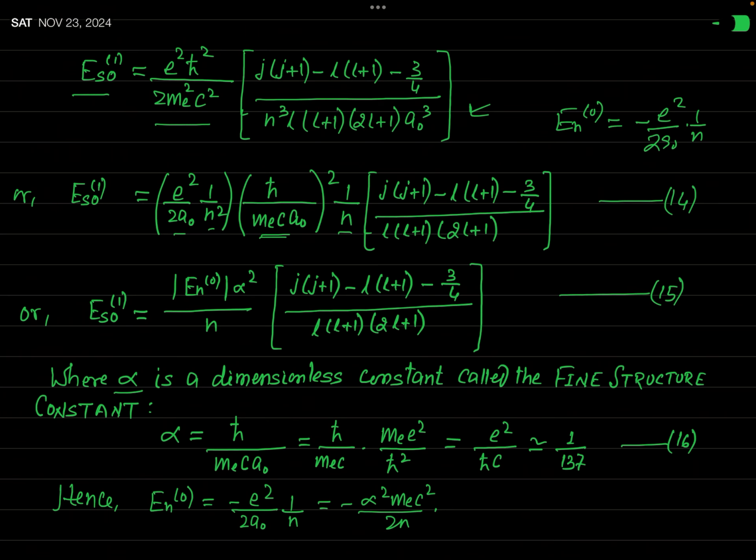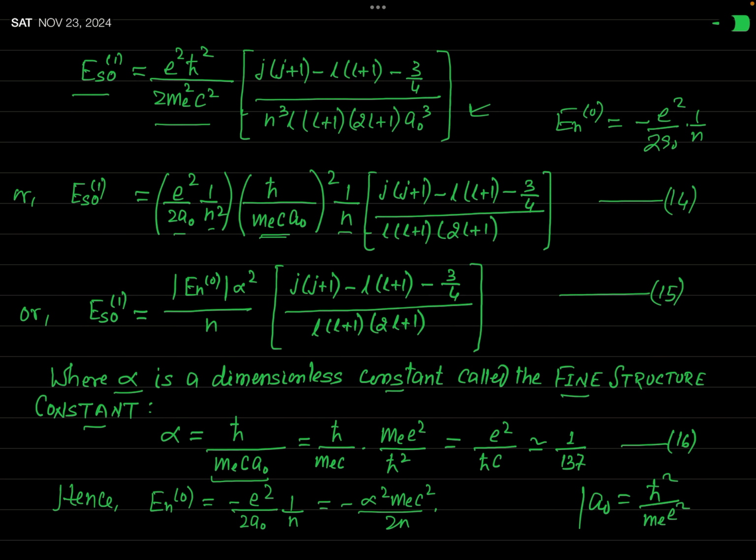Here this alpha is a very important parameter of spectroscopy. It is a dimensionless constant which is known as the fine structure constant. I have written this alpha instead of ħ over m_e c a₀. But the Bohr radius a₀ is given by ħ² divided by m_e e².